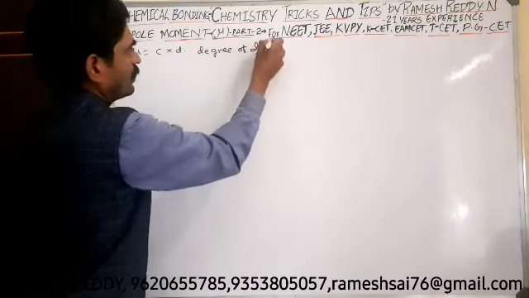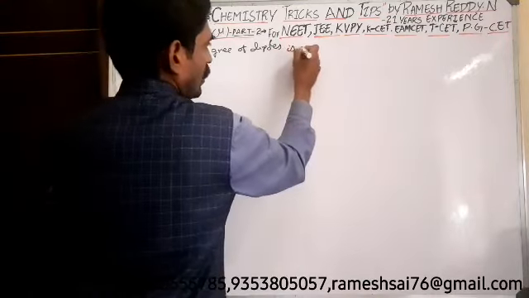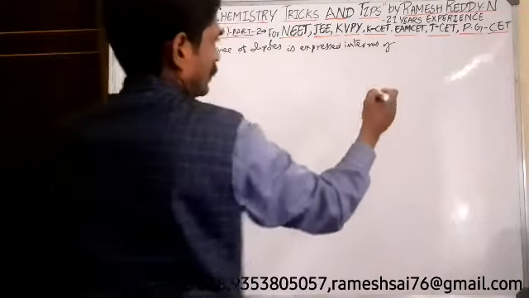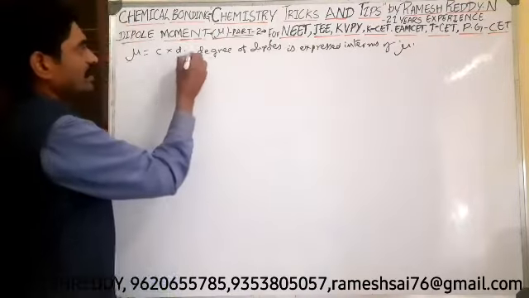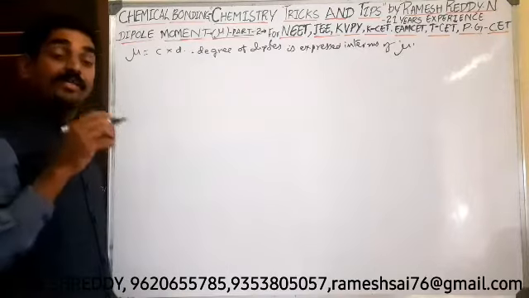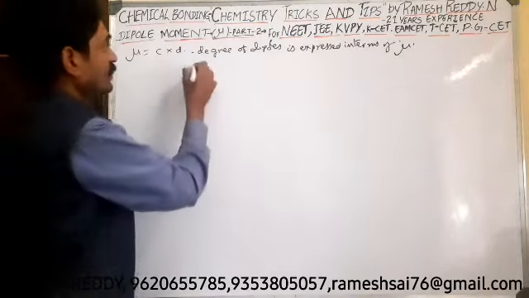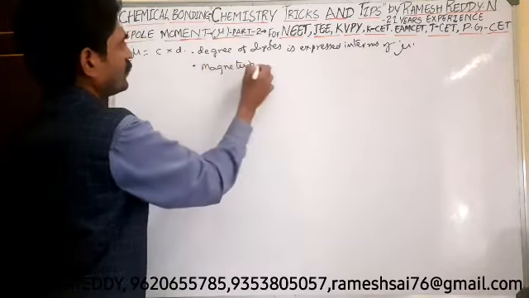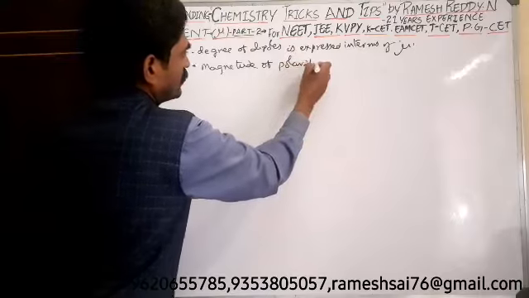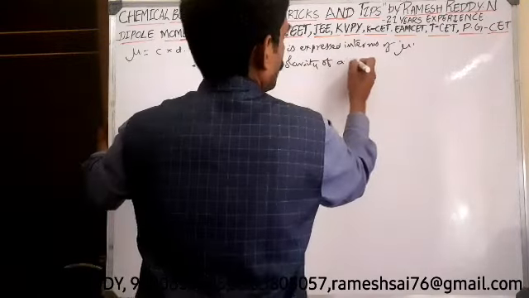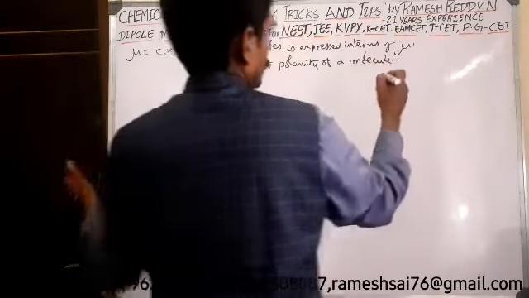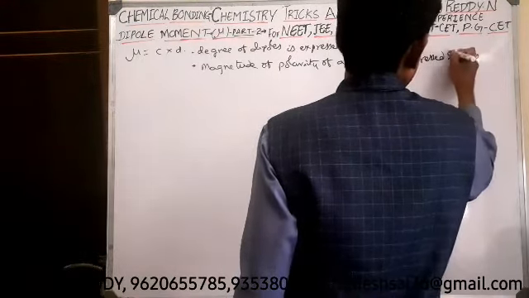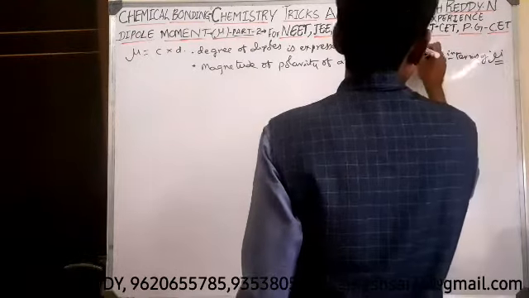The degree of dipole is expressed in terms of dipole moment, or you can say the magnitude of dipoles, or the magnitude of polarity of a covalent molecule, is expressed in terms of dipole moment, right?